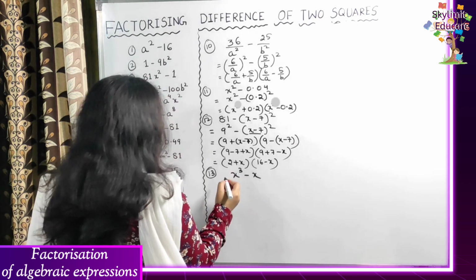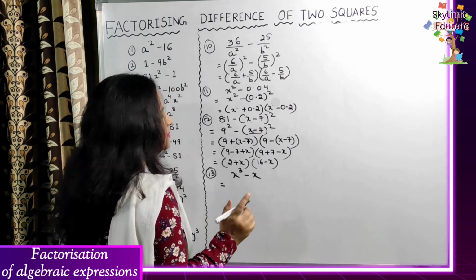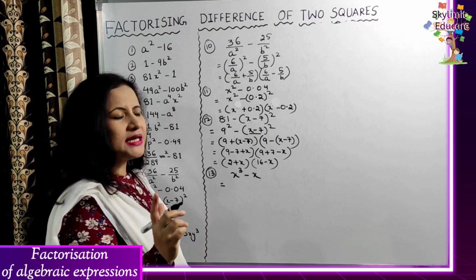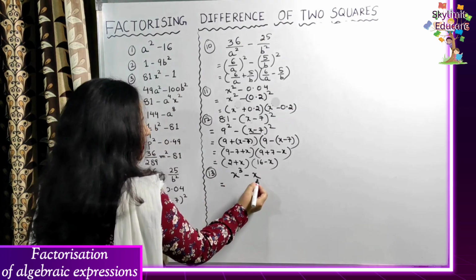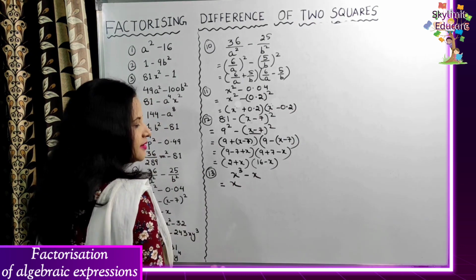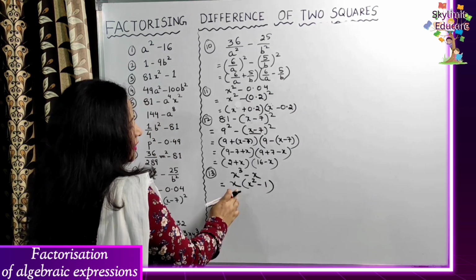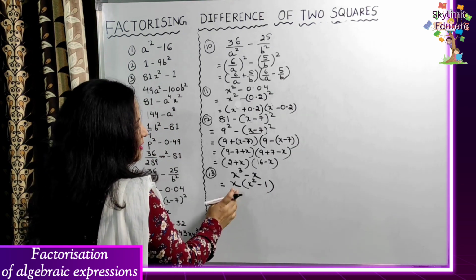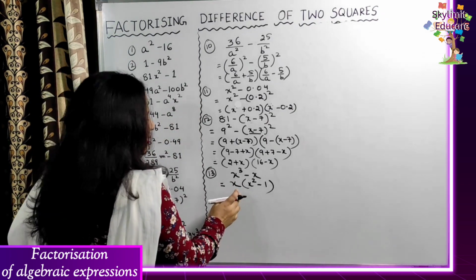So first let us factorize it by taking a single common monomial factor. You can see here in x cube and x, what is common? x is common, right? So now we can write it as x times (x square minus 1), or not.